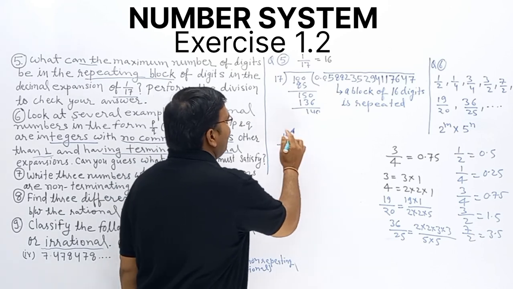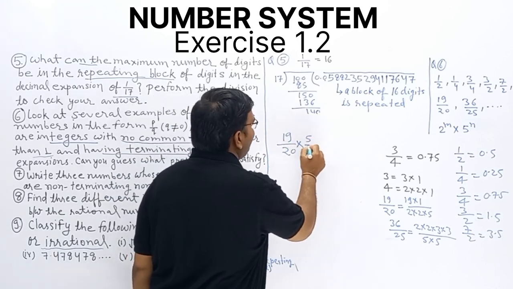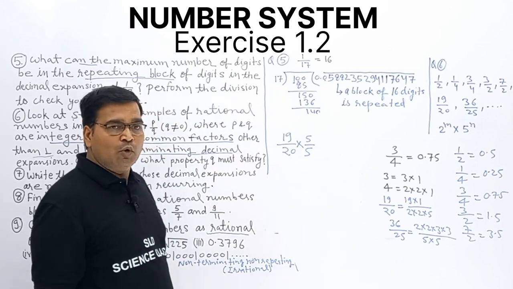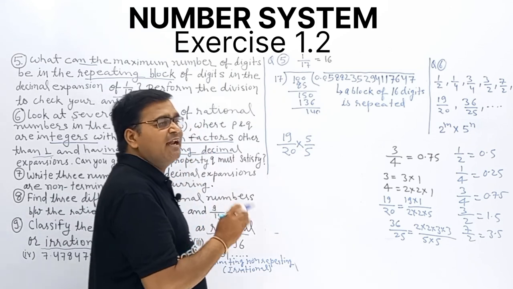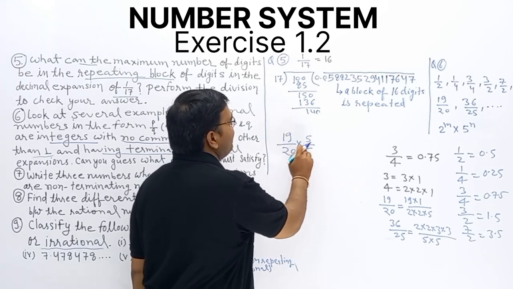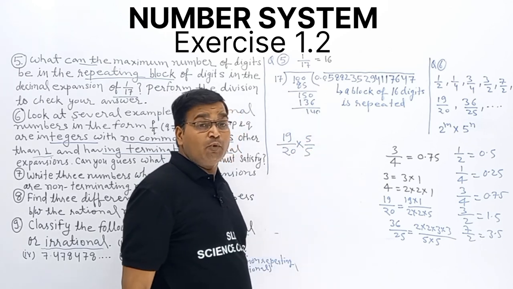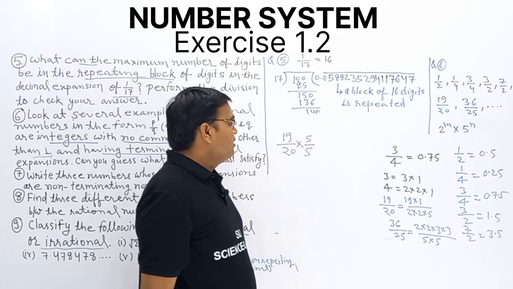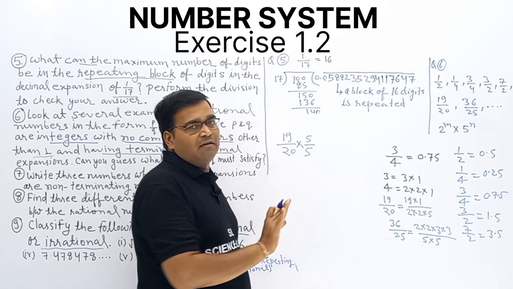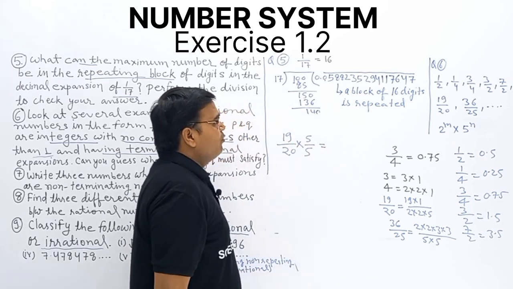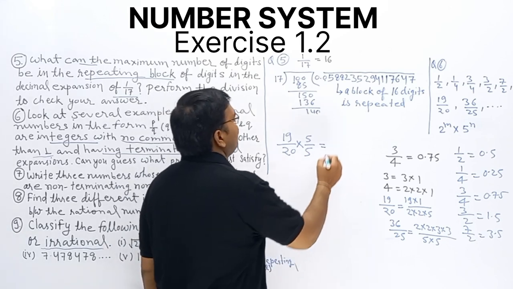I don't want to do long division, I directly want the result. So this number 19 upon 20, I am multiplying by 5 upon 5. By multiplying and dividing by the same number, the original number is unchanged. Then multiply this one: 19 times 5. What is 19 times 5? 95.